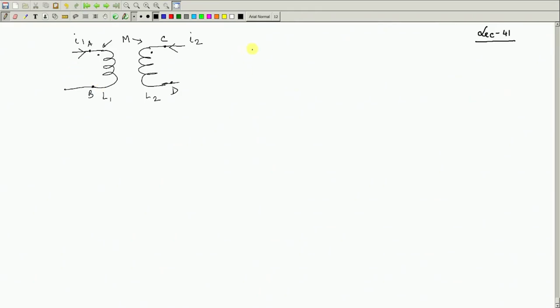There will be two voltage sources here. Suppose this voltage across the coil is V1. Polarities are important. You cannot write just V1 or I1 without showing the directions of the currents or the voltage polarity. Never do that.